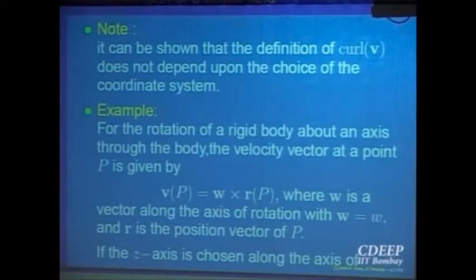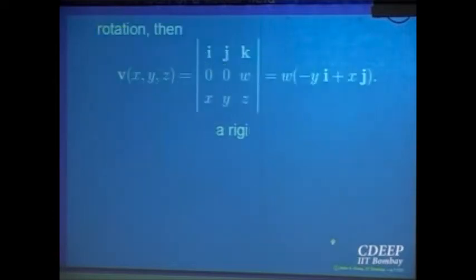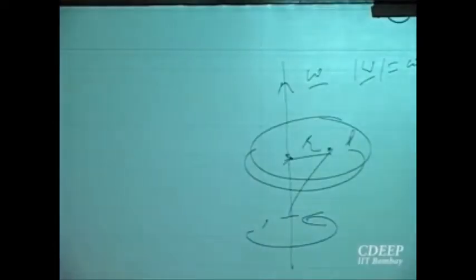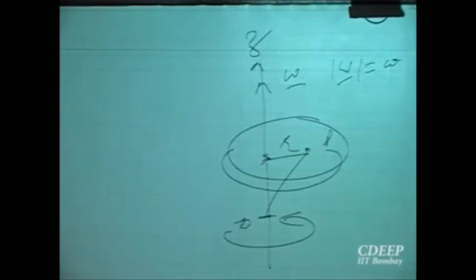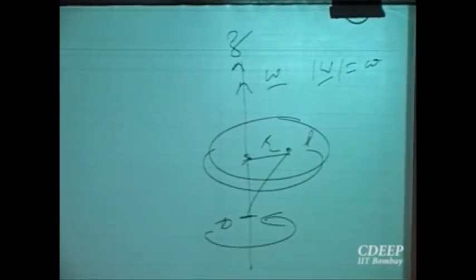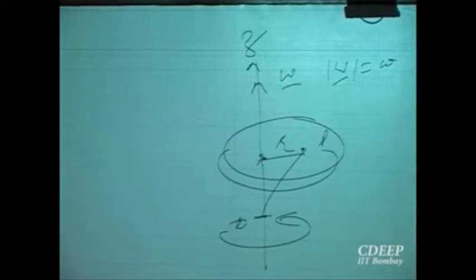So now imagine this axis of rotation is my z axis. So let us say this is the z axis and here is the origin. In that case, this velocity vector v can be written as w cross r, and we can write down the components and compute.